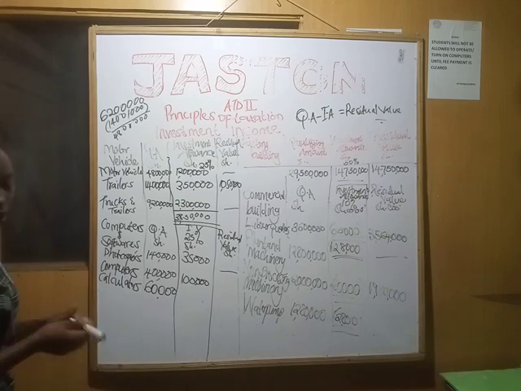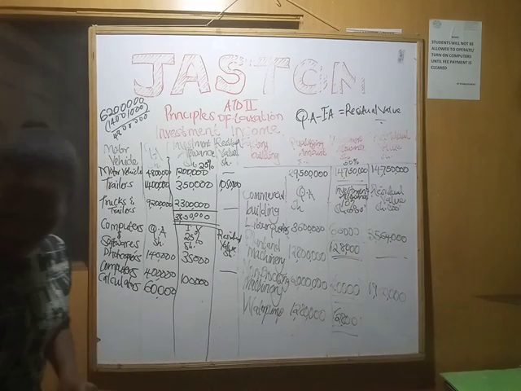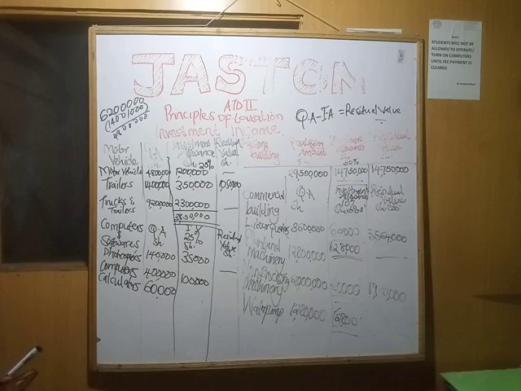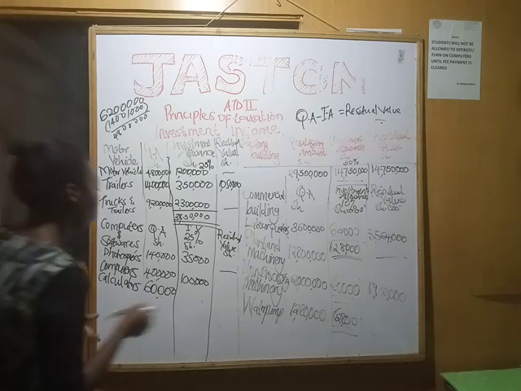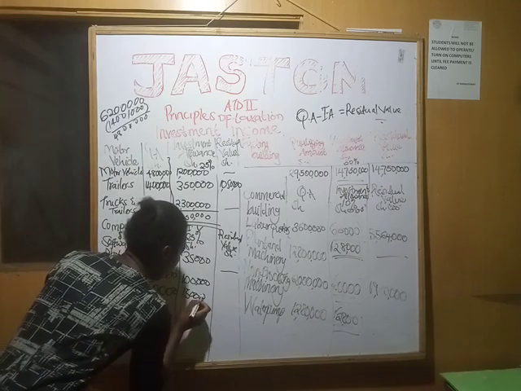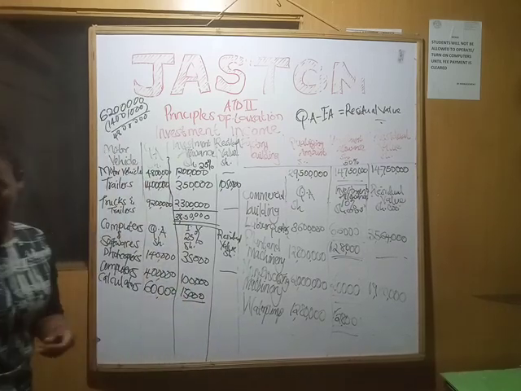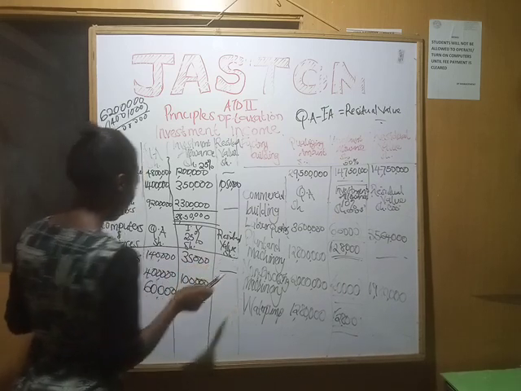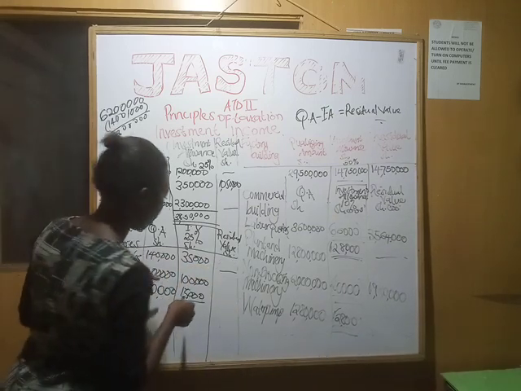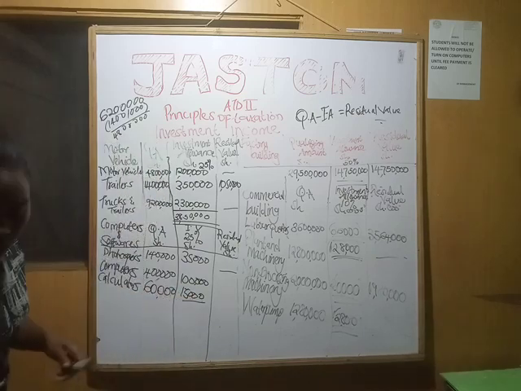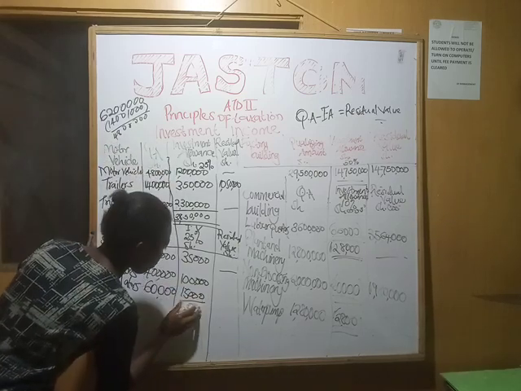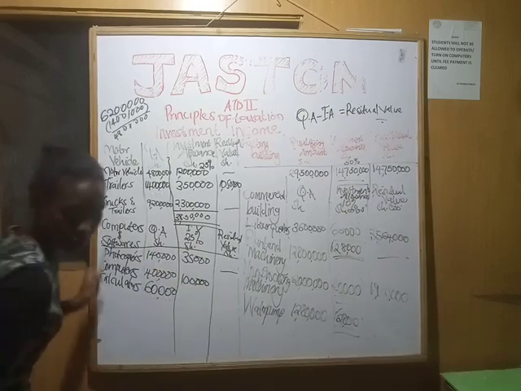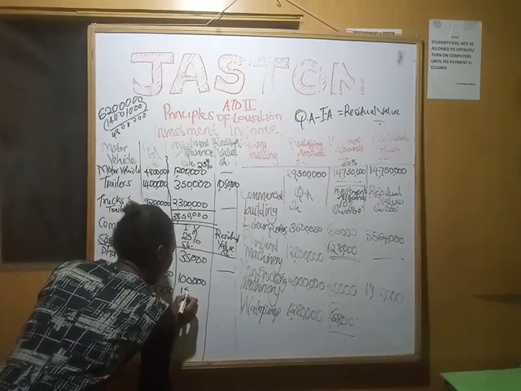We multiply our 60,000 by 25%, and we have 15,000 as our investment allowance. So on computers and softwares, we are going to add all these investment allowances: 100,000 and 15,000.